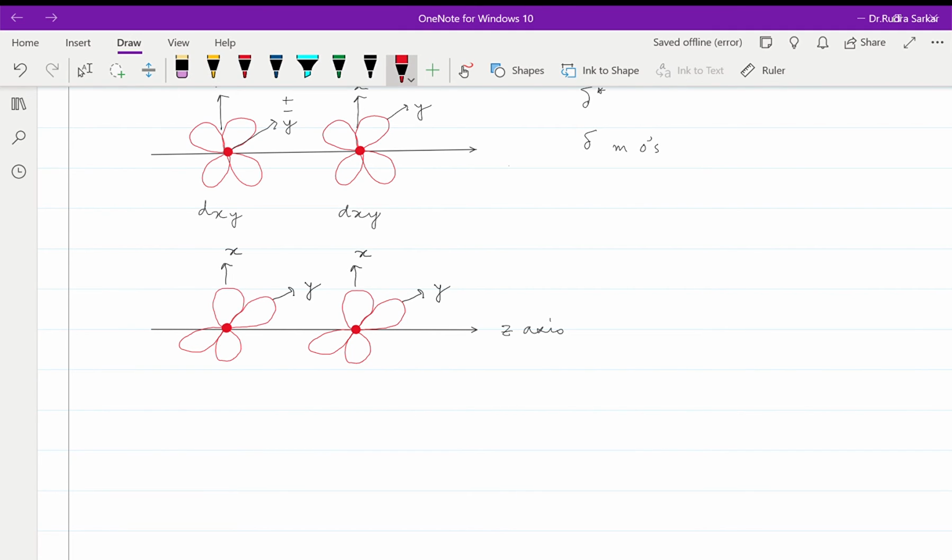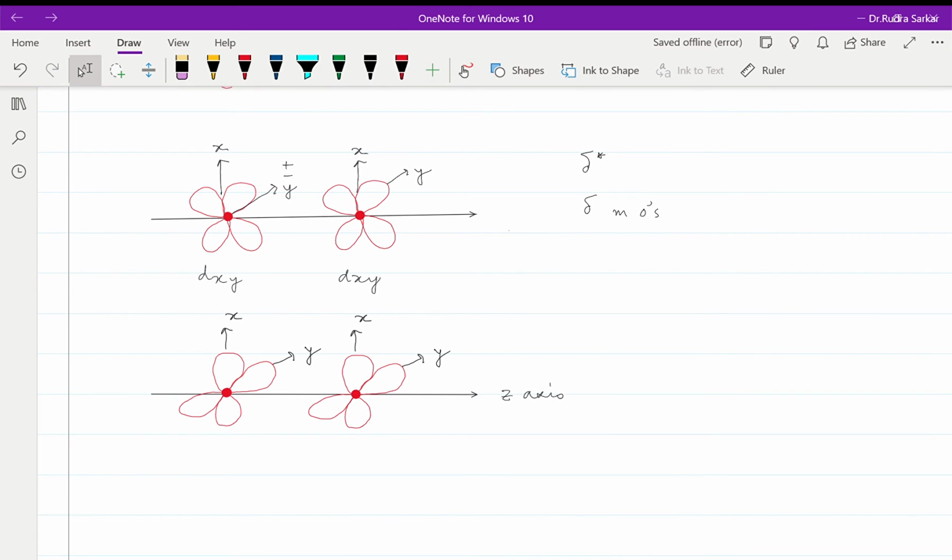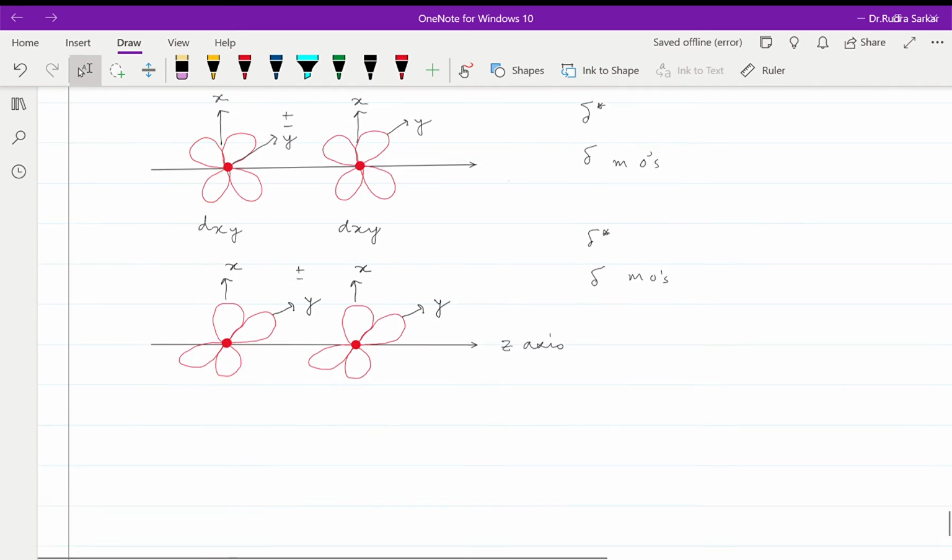Now if these two are again combining, we can think like before. In case of dxy, as if one flower is sitting on the top of another flower, like the petals of the flower you're placing just exactly on top of it, superimposing them. So again over here we can think of plus and minus combination for bonding and anti-bonding, and this will also lead to the formation of delta MO, bonding and anti-bonding.